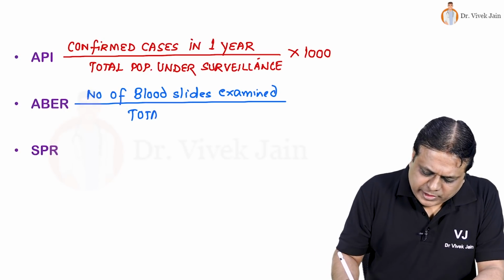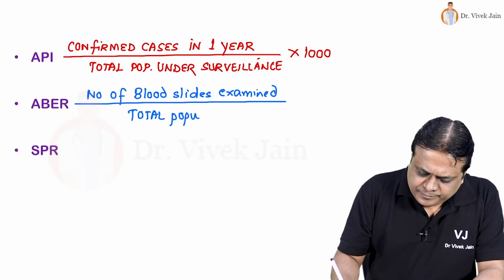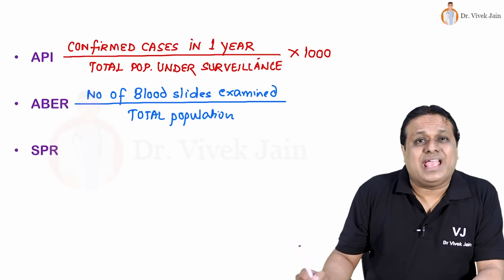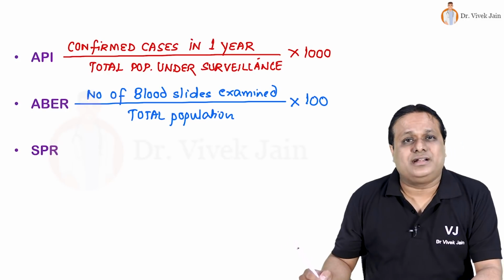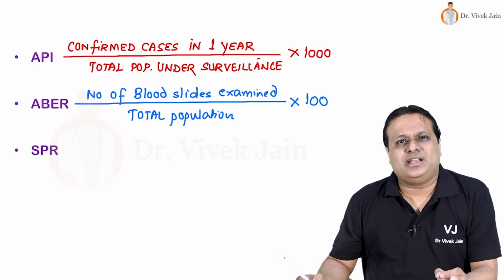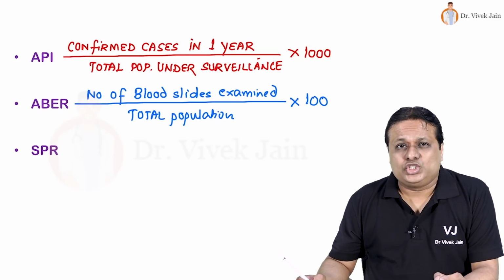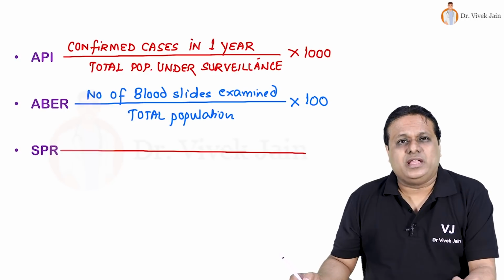Denominator will be total population, and it is expressed as a percentage, so multiplier is 100. This index of operational efficiency, it is recommended, should be maintained above minimum 10% in the country.